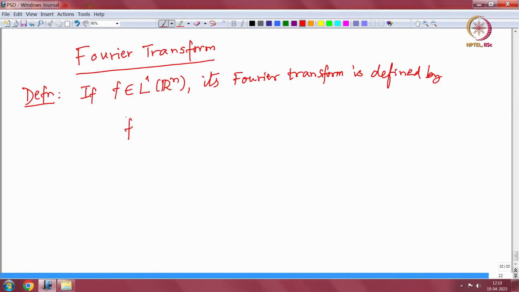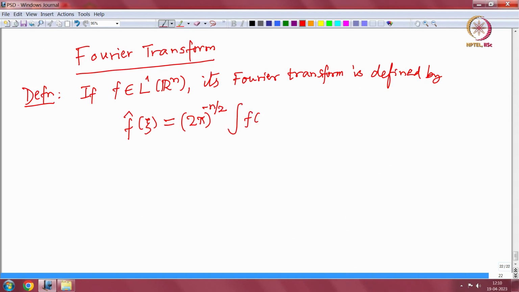So, f cap of j. This constant I will make a remark of. Here n comes from the dimension, and this integral is always over Rn.